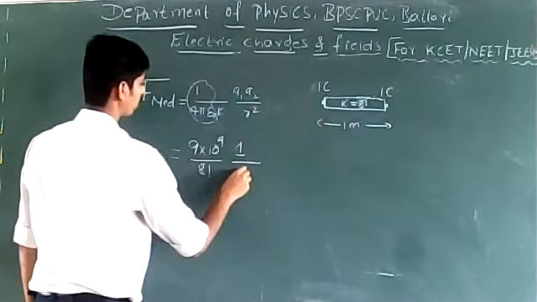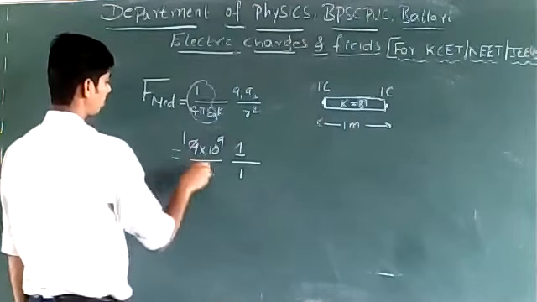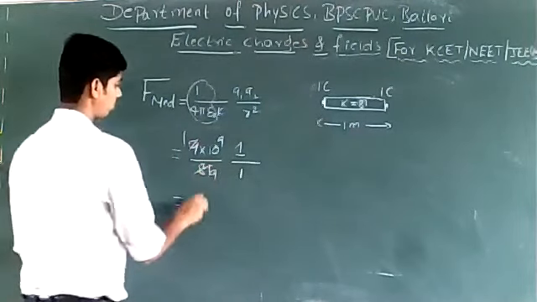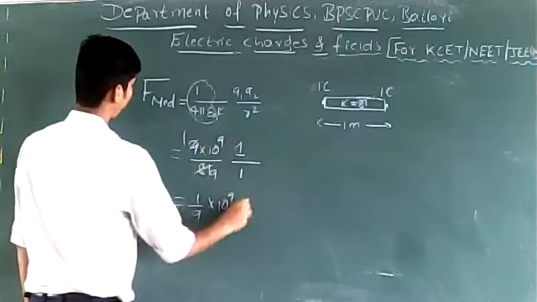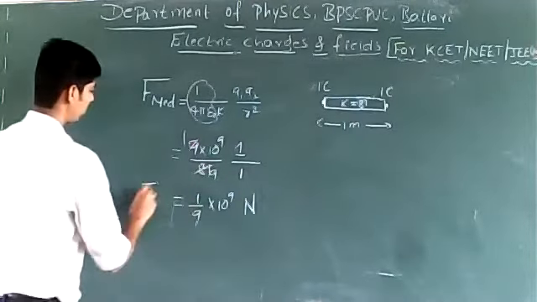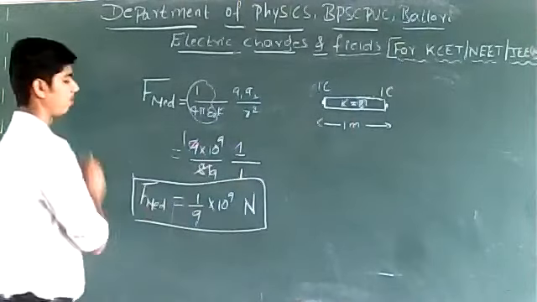R square is 1 square, which is 1 again. So 9 ones are 9, nines are 9, so this will be 1 by 9 into 10 to the power of 9 Newton. This is the force between 2 point charges in presence of medium.